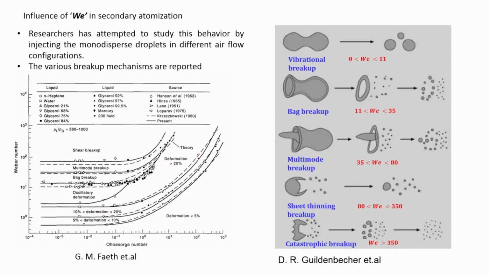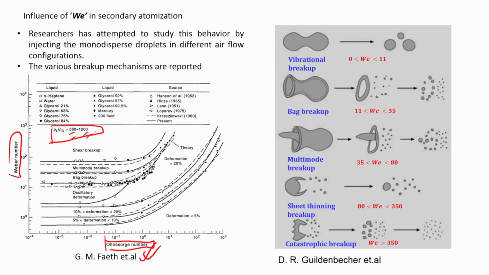Now, the influence of the Weber number on secondary atomization has been a well studied problem, and some phenomenally great work has been done. One of the great papers was by Jerry Faith, and there he showed what happens if you plot the Weber number versus the Ohnesorge number. The Ohnesorge number usually starts very low and goes very high, where viscous effects become very important. You see that there are several zones, and the density ratio has been maintained between 580 and 1200.